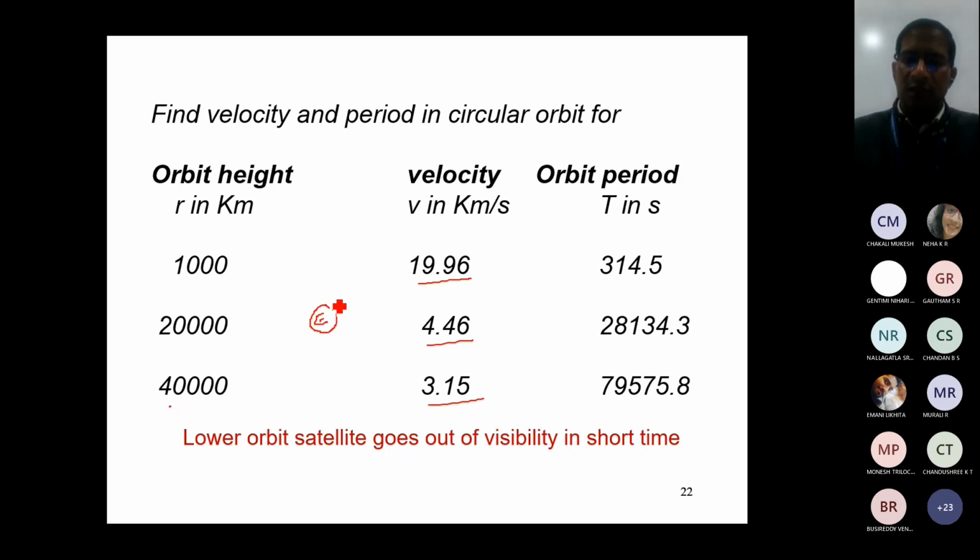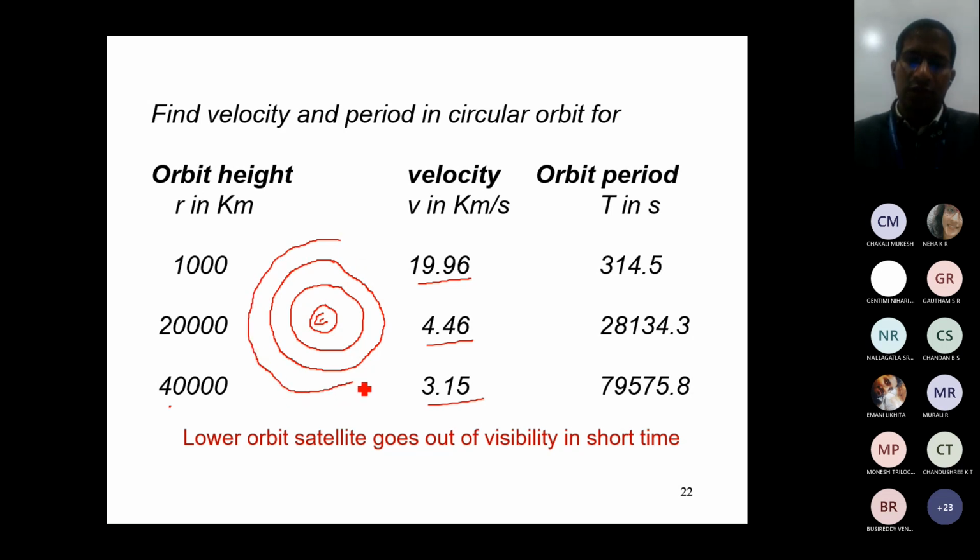This orbit is the 1000 kilometer orbit, this orbit is the 20,000 kilometer orbit, and this orbit is the 40,000 kilometer orbit. The satellite here at 1000 kilometer of orbital height moves at a velocity much higher than the satellites moving at high altitude orbits.